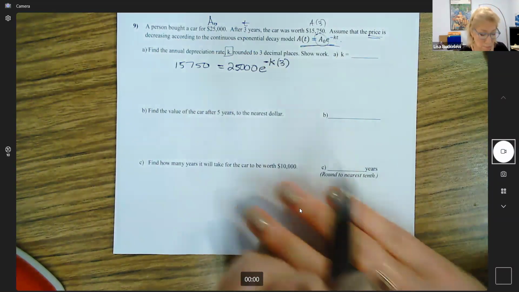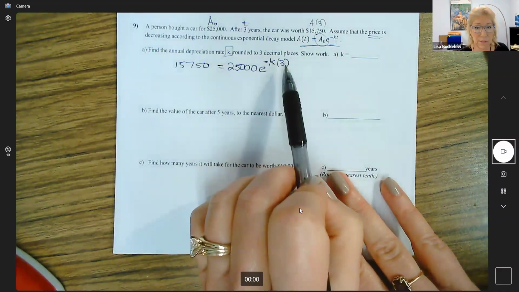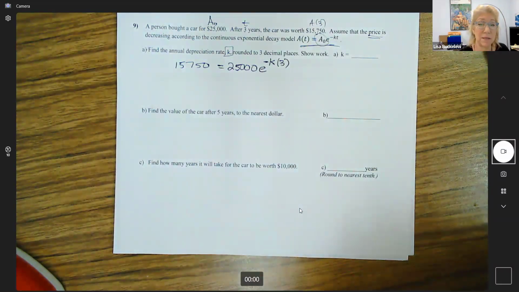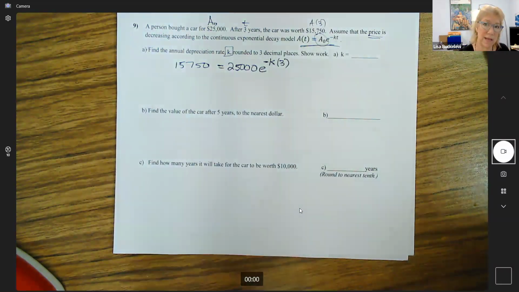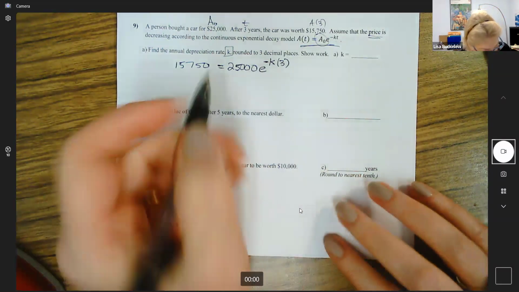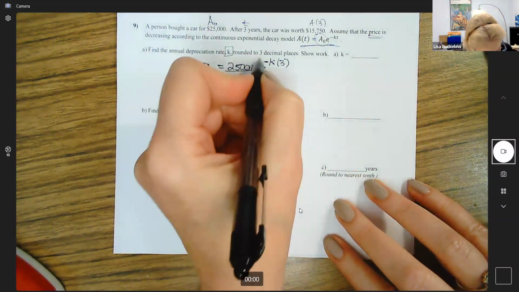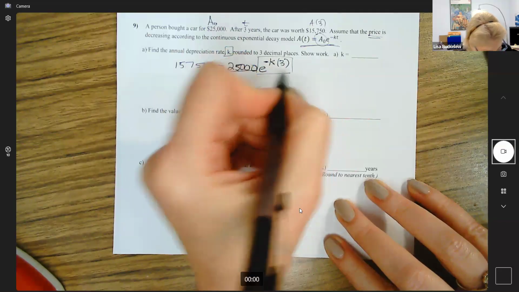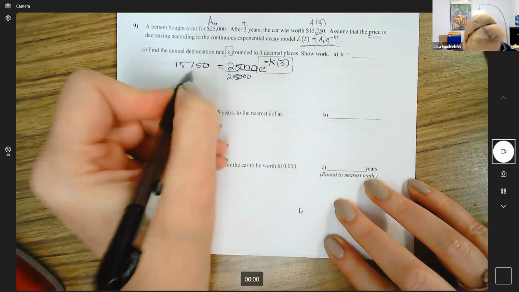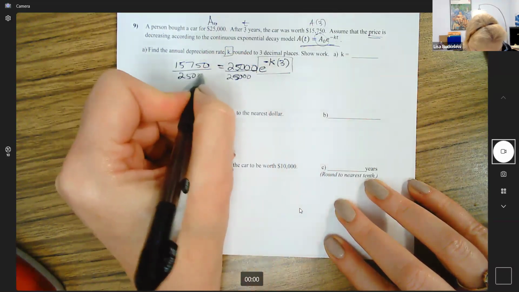Okay, so you solve for the rate in the same way that you would solve for the time. You fill one of them in and you find the other one. They're both in the same exact place in the equation, so we'll do the same exact steps to untangle it and get to that value. All right, so the first thing we'll do is take everything that's not part of that base and exponent and move it to the other side. And since that 25,000 is a multiplier, we're going to divide by 25,000.